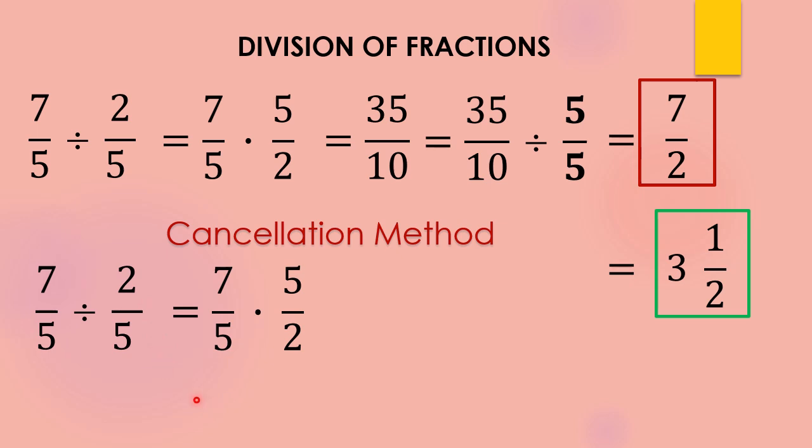So it will become 5 halves. So as you can see, we can cancel out or remove 5 as their common factor. So what we have is 7 and 2. So we come up with the same answer, 7 halves. Alright? Okay, another one.